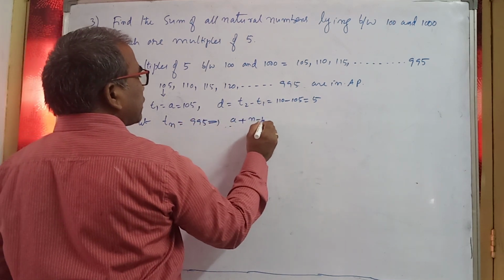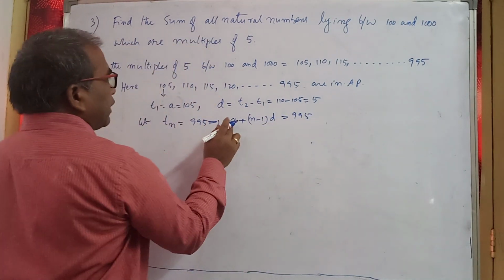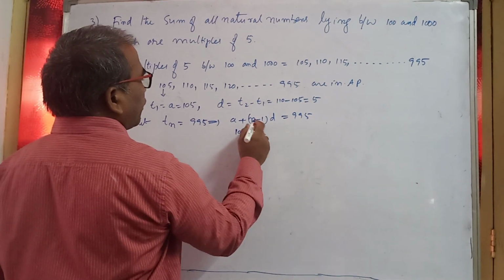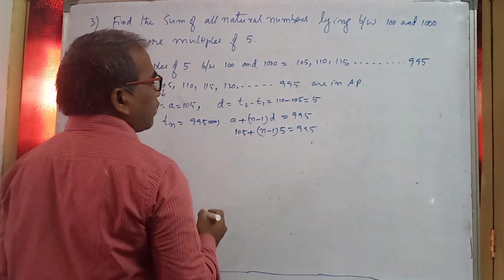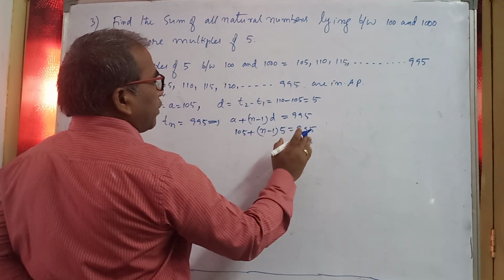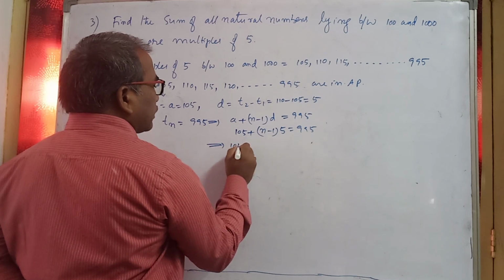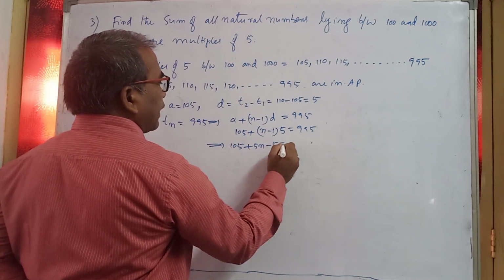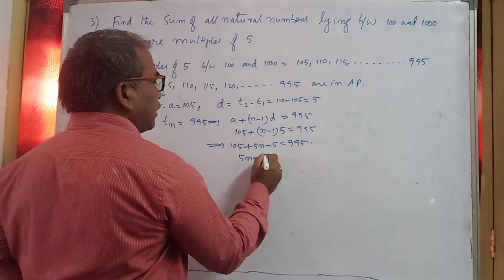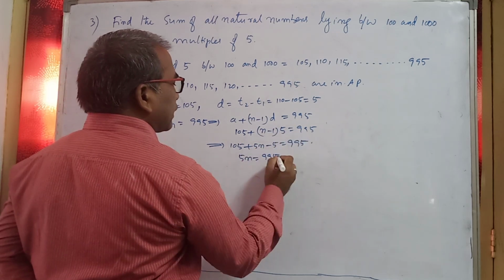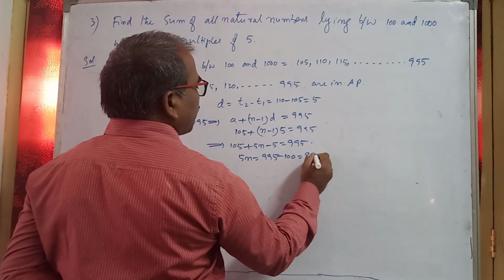The Tn formula is a plus (n minus 1) into d, equal to 995. a is the first term, 105. n we need to find. d is 5. Simplifying: 105 plus 5n minus 5 equals 995. 5n equals 995 minus 100, which is 895.